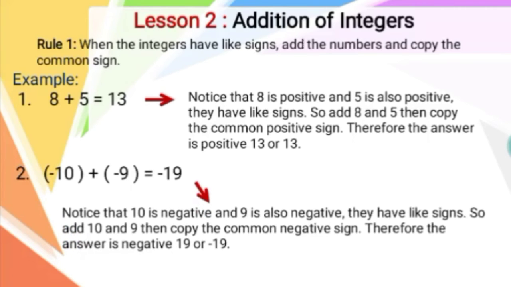Next, negative 10 plus negative 9 is equal to negative 19. Notice that 10 is negative and 9 is also negative. They have like sign. So add 10 and 9, then copy the common negative sign. Therefore, the answer is negative 19.